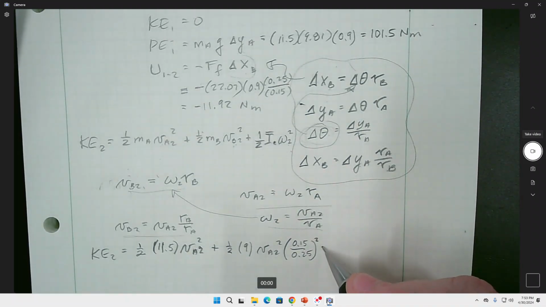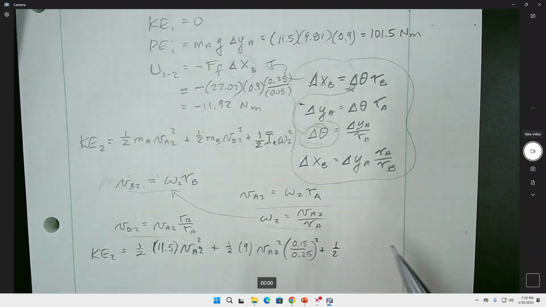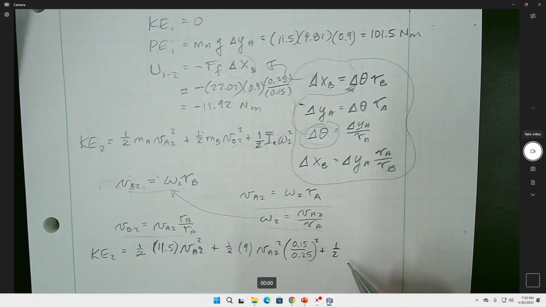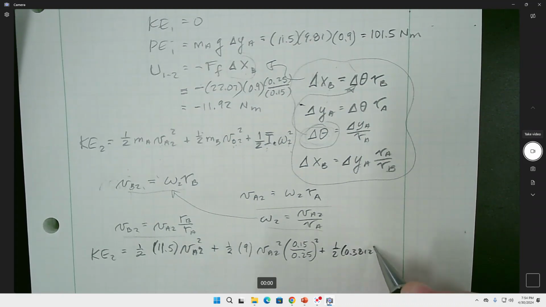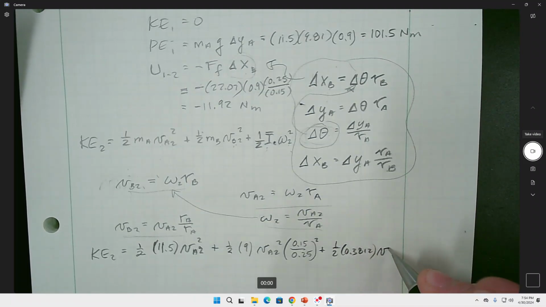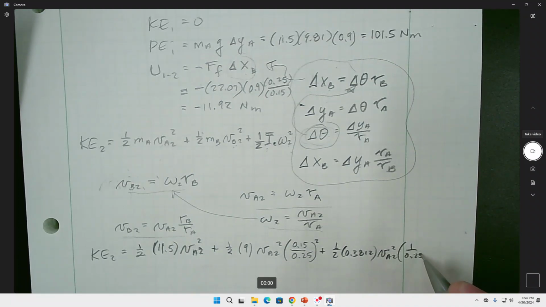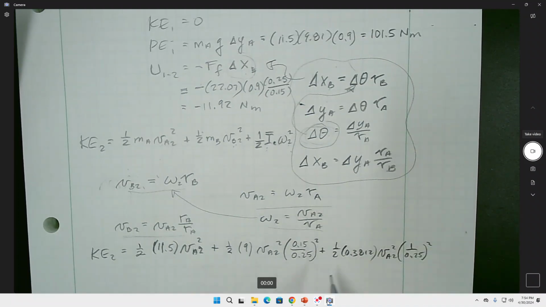That's a common mistake I would make. We get down to this spot and go 0.3812, and then this last one, VA2 squared, and then this is 1 over 0.25 squared.